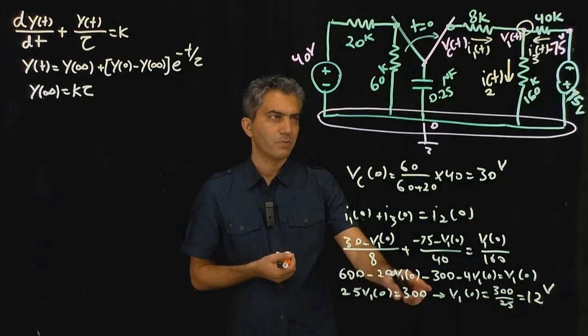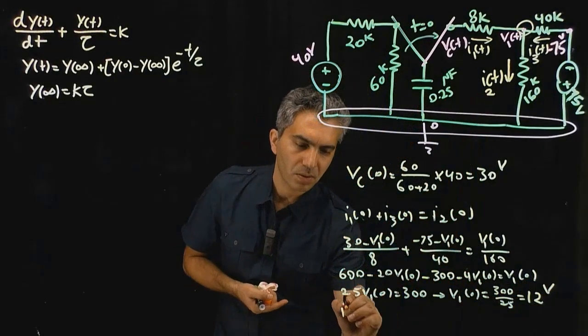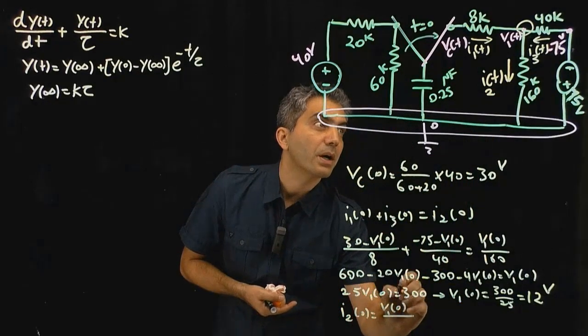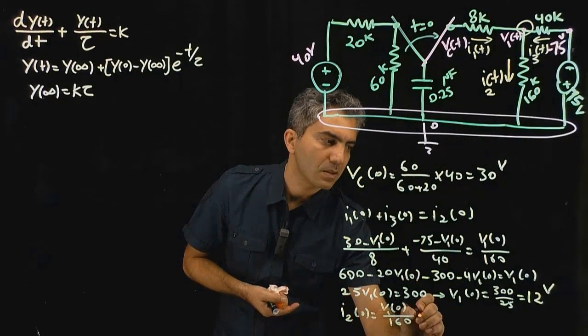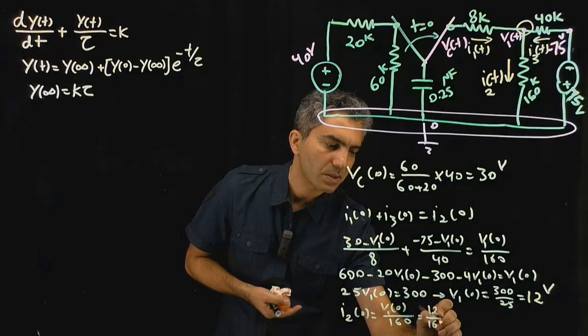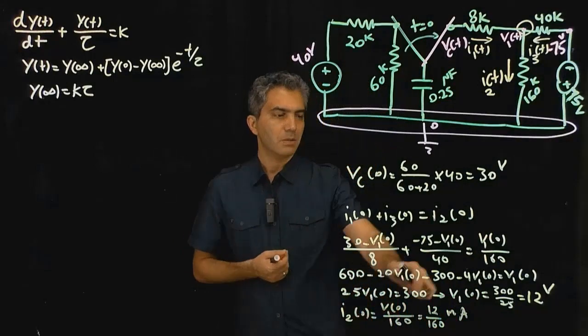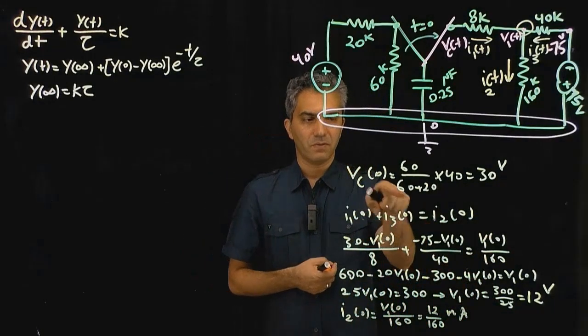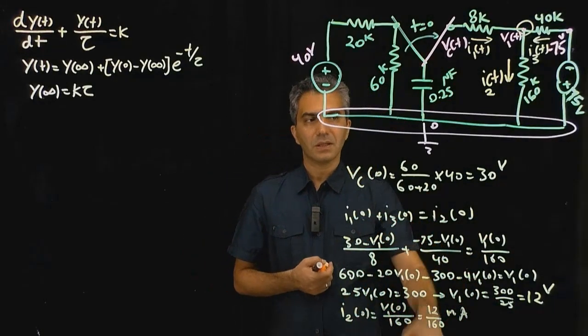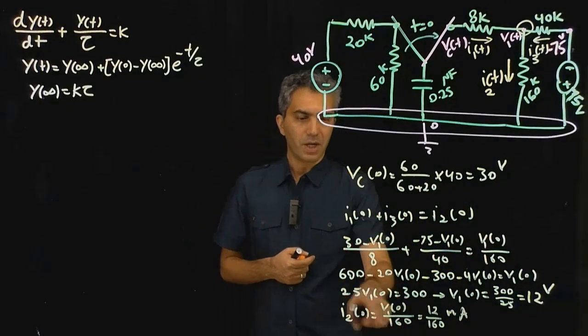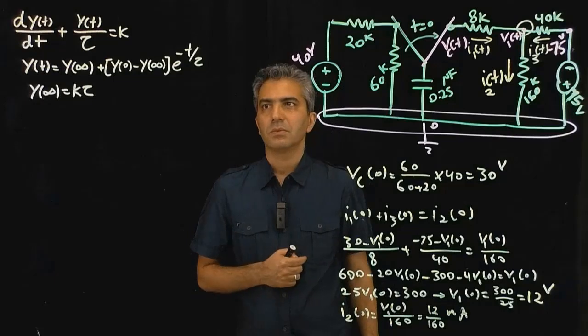So now that I have V1(0), I2(0) is simply V1(0) divided by 160, which is 12 divided by 160, whatever that is. That's milliamp. Just keep that in mind because I'm writing everything as a function of voltage and resistors in kilo ohms, so that's milliamp. Great, I have I2(0).